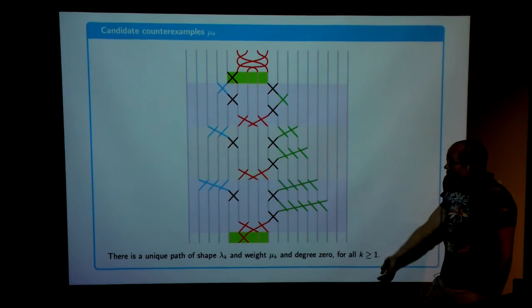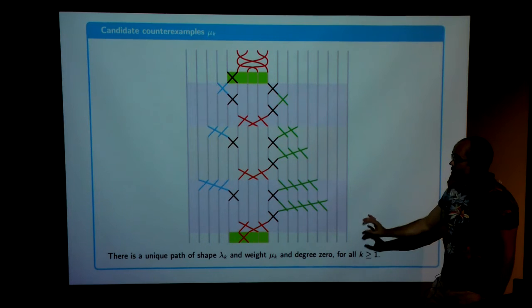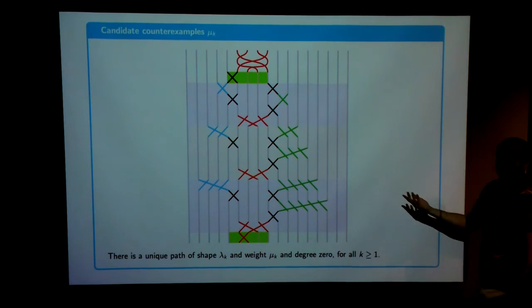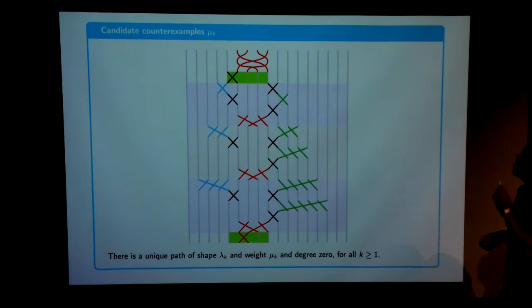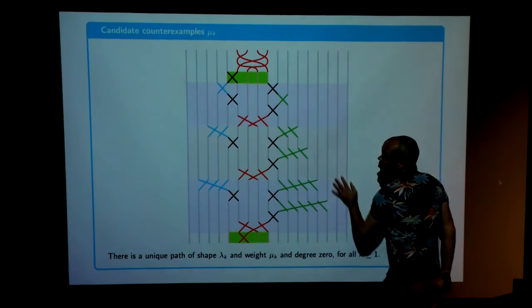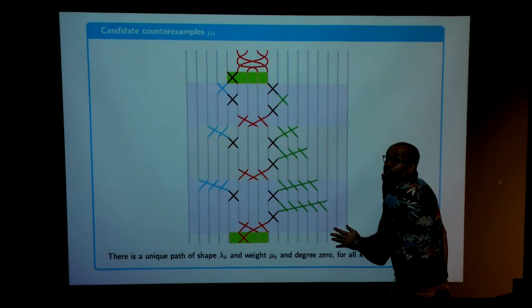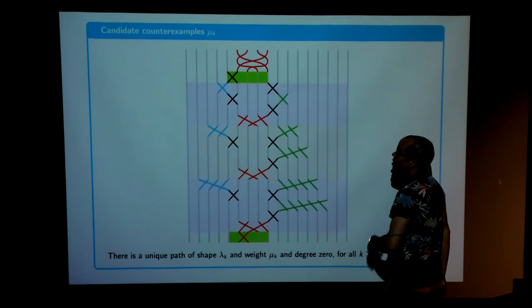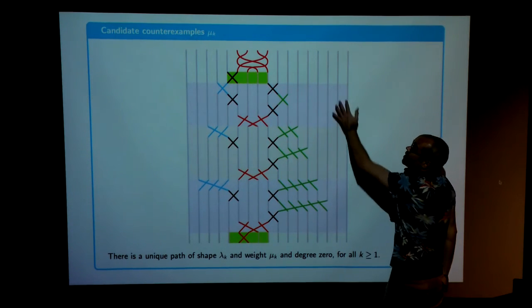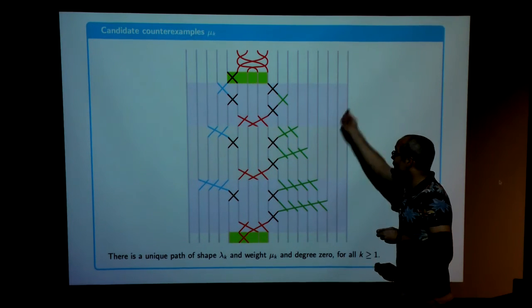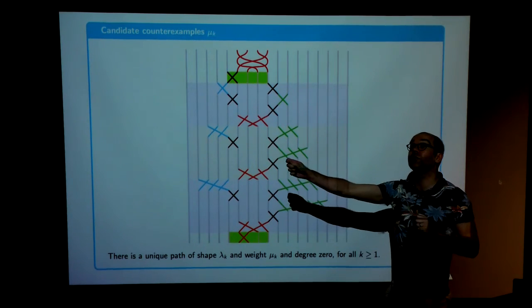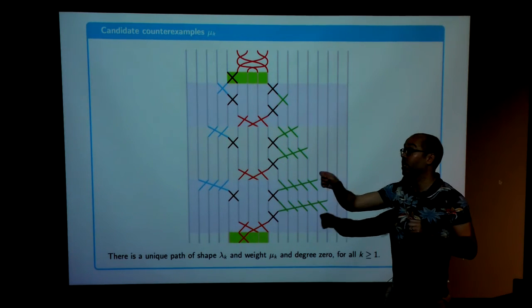So my argument for why this is going to have a unique thing of degree 0 is that I'm going to just delete all black and red crossings. How am I going to do it? Well, I want to get the longest green word here, don't I? I want to look at a subword where it's the longest word. So if I need all the greens to survive, lambda k has exactly the same number of green crossings as mu k.